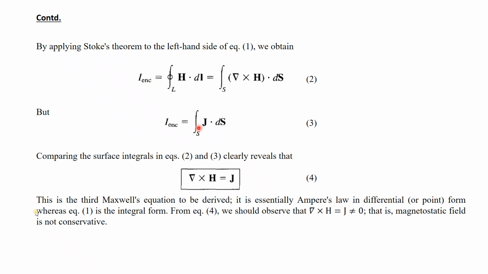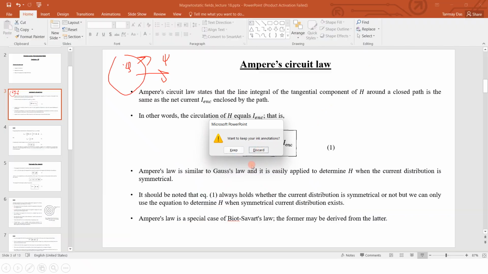But this is the expression for current enclosed. Now, in any conductor, this term J is incorporated. What is J? J is also represented earlier. J is the current density.